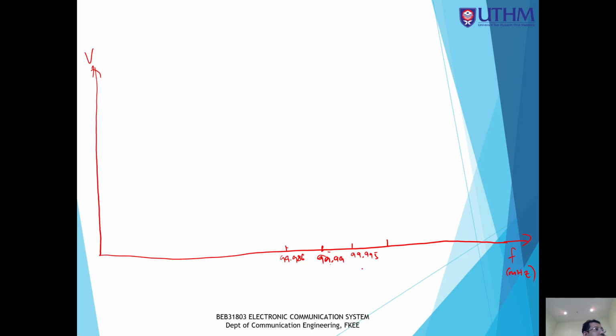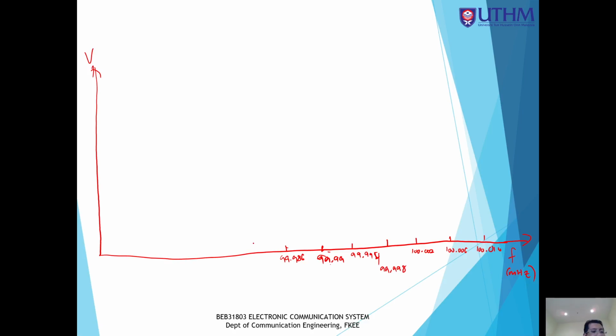The second sideband would be at 99.998. Then 100.002, 100.006, and 100.01.